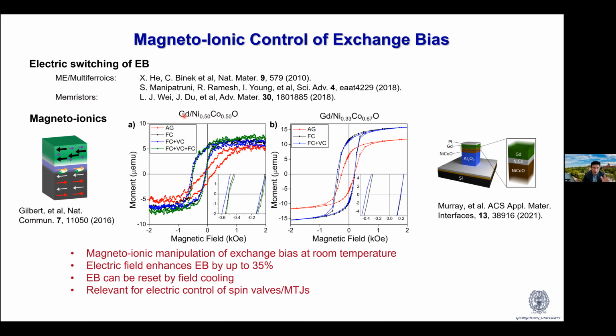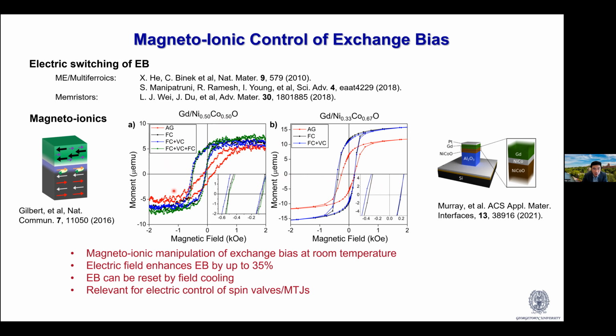Gadolinium Tc is around 292 Kelvin, and at room temperature, this oxide is antiferromagnetic. Yet this magneto-ionic handle allows us to not only induce a ferromagnetic magnetization, but also establish exchange bias. So I won't go into great detail, but just point out a few key features.